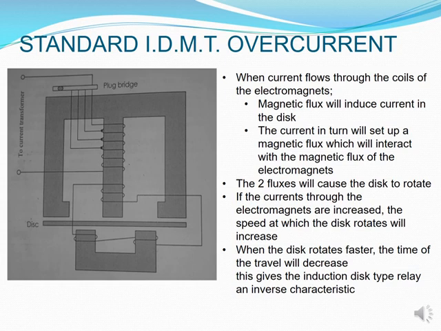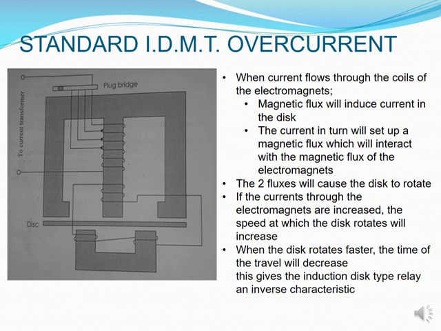So this is how the standard IDMT overcurrent relay looks. And if you can see, the top and the bottom on your left-hand side are your two electromagnets that we're talking about, and right in the middle is your disk. The principle here is that you'll have a magnetic flux that will flow through the disk and cause a current to turn the disk.